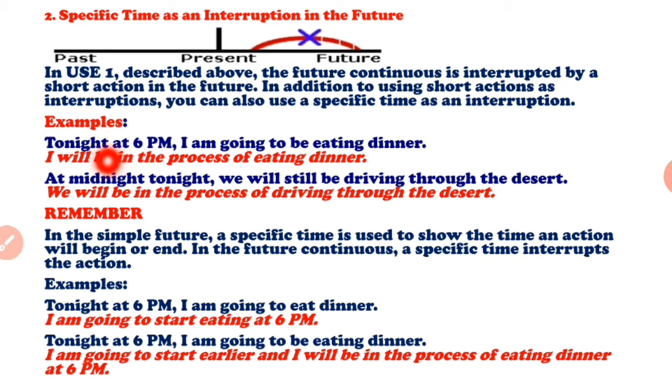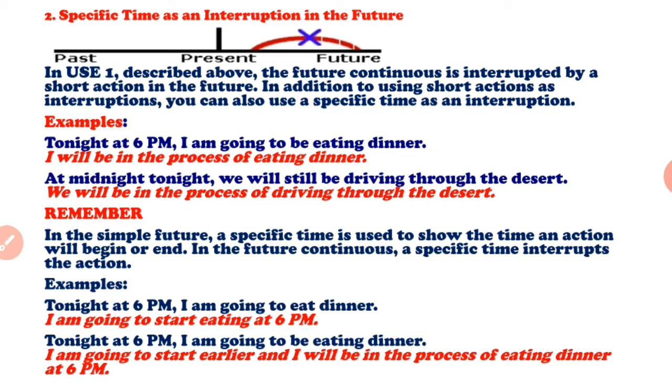This is a specific time. I'm going to be eating dinner. It means I will be having my dinner when? Tonight at 6 p.m. There is a short interruption by the specific time.